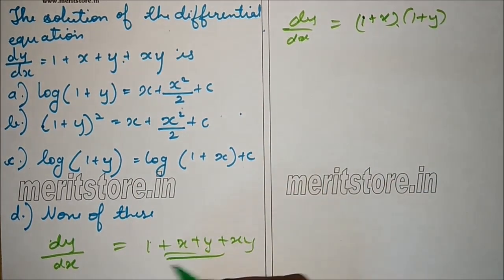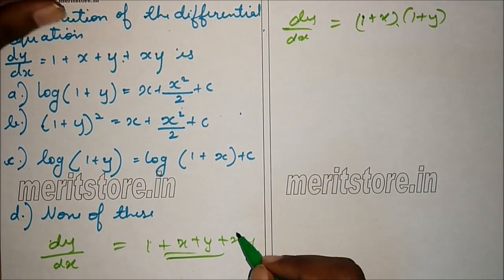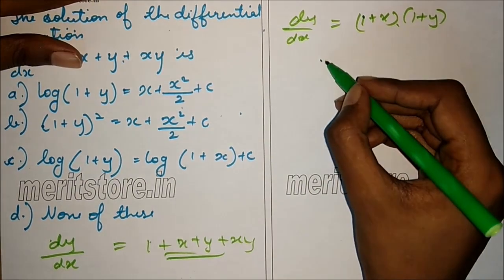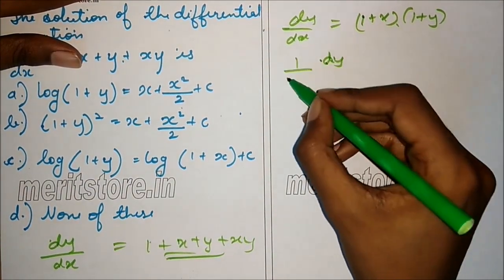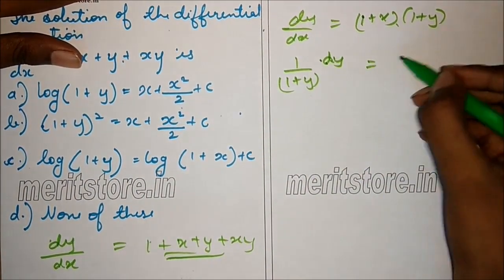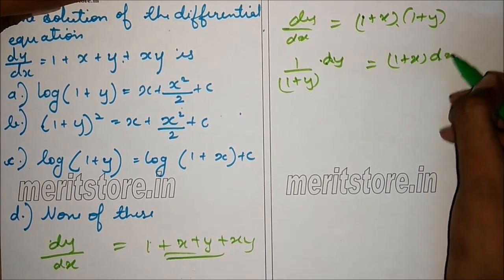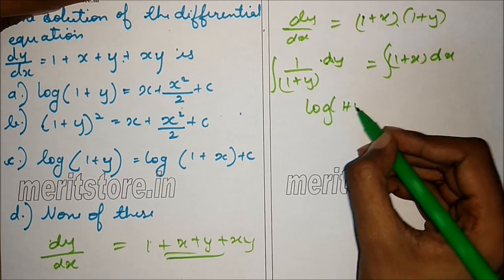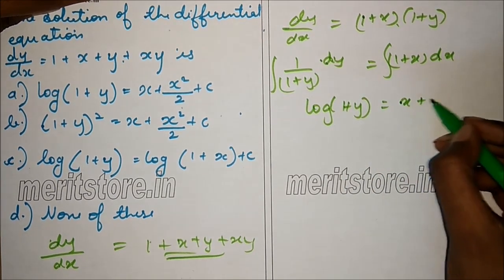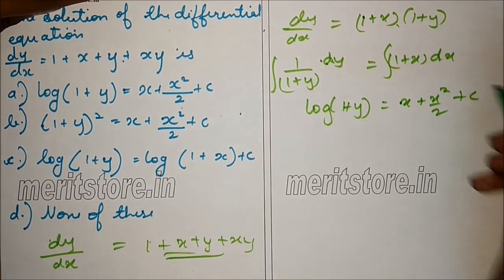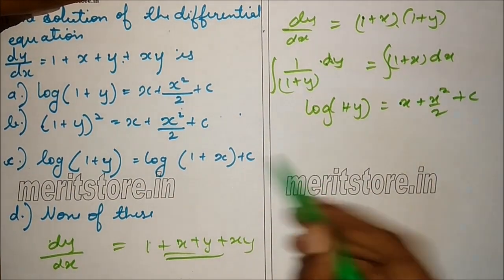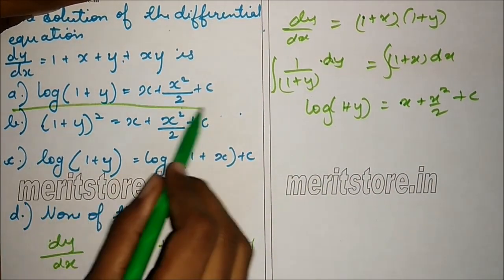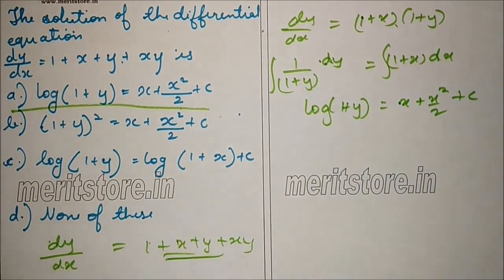Separating this, we get dy into 1 by (1 plus y) is equal to (1 plus x) dx. So integrating it, we get log of (1 plus y) equals x plus x square by 2 plus c. So the solution is A.